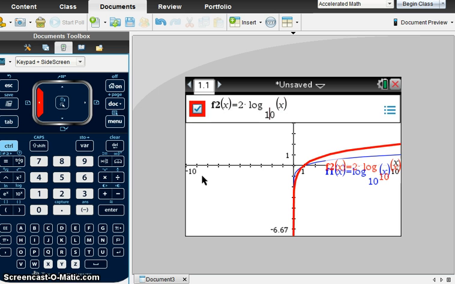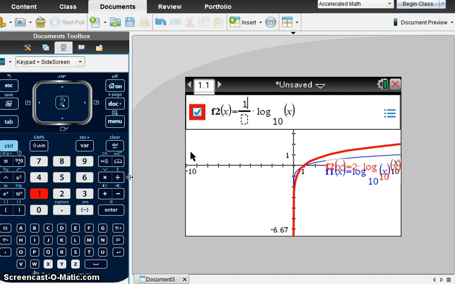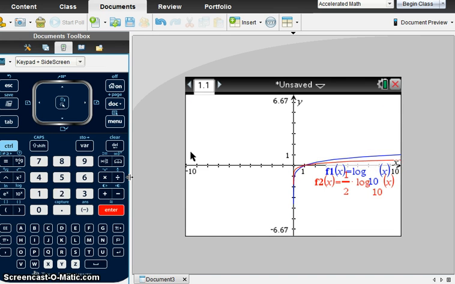Whereas if we instead multiply by 1/2, and again, you guys know me, I like the fraction notation, 1/2 times the log of x, that did a vertical compression. It got pressed down vertically.